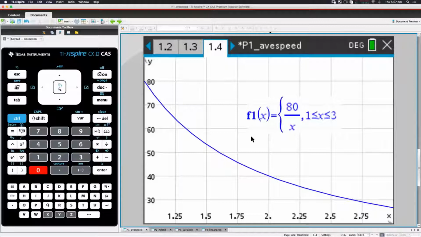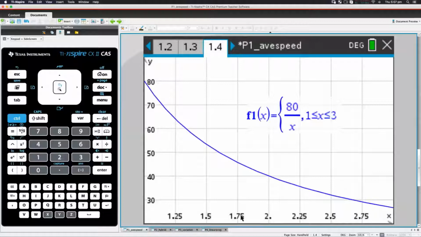One other setting which is on at the moment but isn't always on, if I highlight near the axis, you can control. These numbers are here.